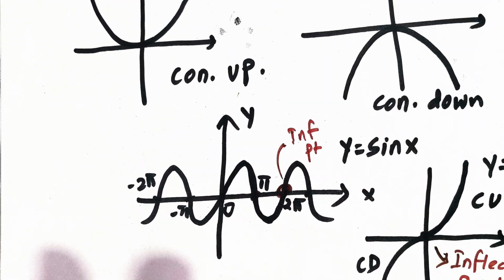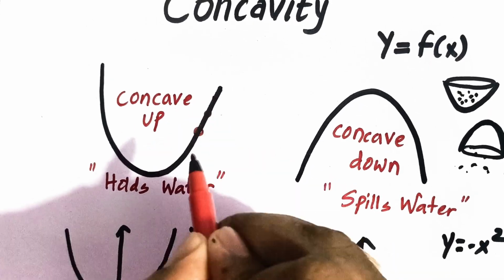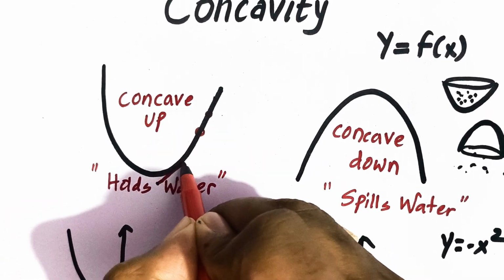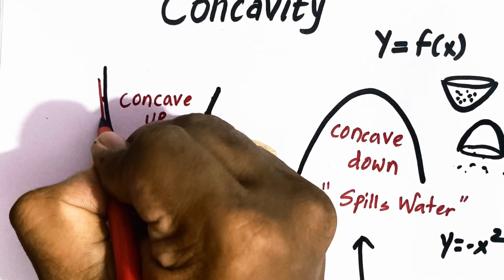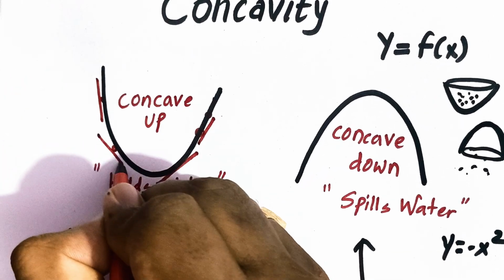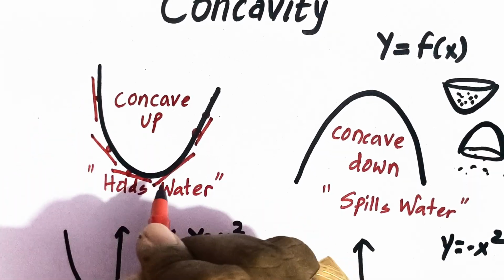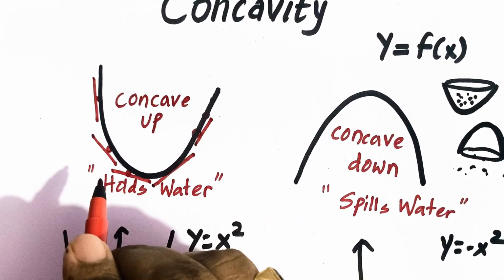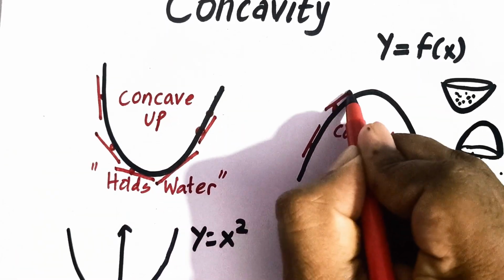Mathematically, where it is concave up, at each point our tangents are below the curve. Here the tangent is this one, here the tangent is this one, here the tangent is this one. So at each point, the tangent lies below the curve, and in concave down, the tangent lies above the curve.